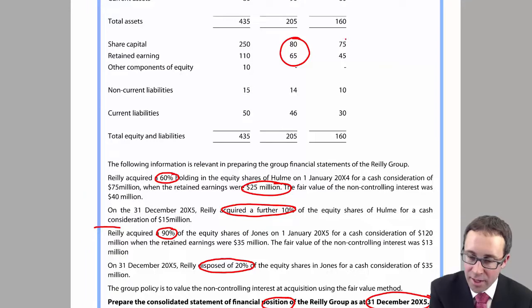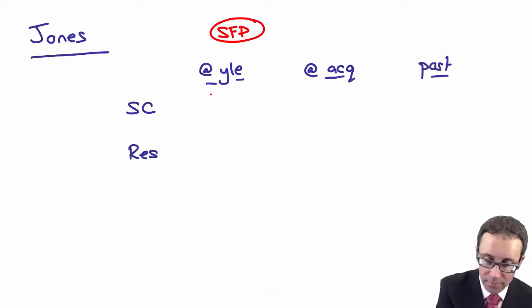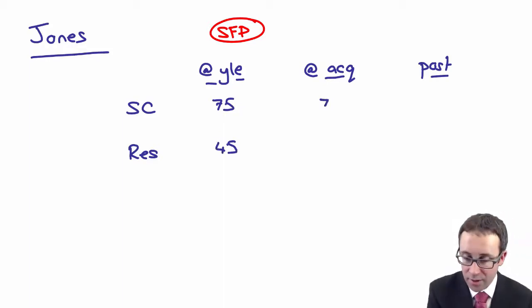So within that SFP of Jones, it's 75 and 45. So we can copy those across, can't we? Share capital 75 at year end will be 75 at acquisition, won't it?